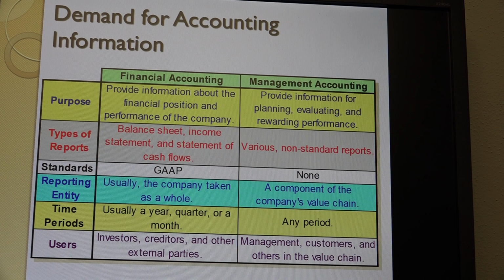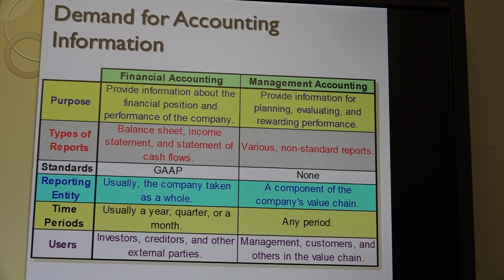The reporting entity is the company as a whole. You don't report on various segments, at least in these four financial statements, although you might report on segments in the notes to the financial statements. The time period is usually a year, but public companies are also required to submit quarterly reports.